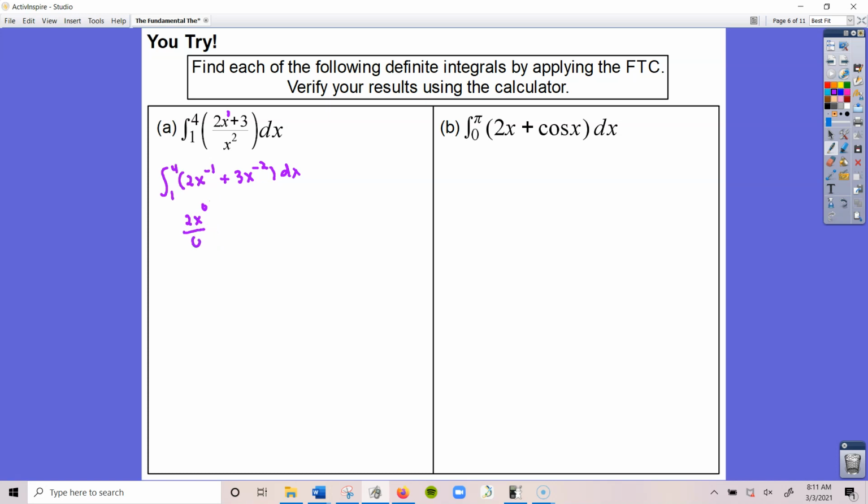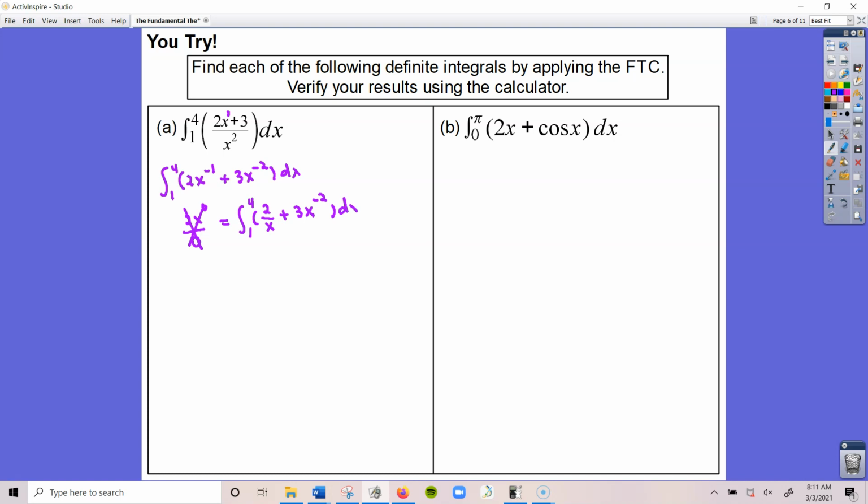And then you have to divide by that new exponent. Since we have over 0, that cannot be done. That must mean that this is an ln function. Let me rewrite this one more time so that it's easier to see. This is the same as 2 over x plus 3x to the negative 2.